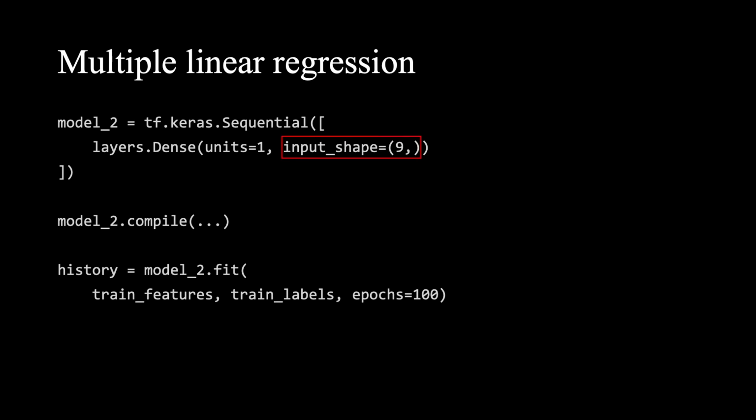We can see that from the input shape argument, which is 9. Also note that in the fit section, the whole dataset is used instead of horsepower in the position of the x variable. How do I know that there are 9 variables in the dataset? Well, that was given. The y variable is train labels, which is also given to us.